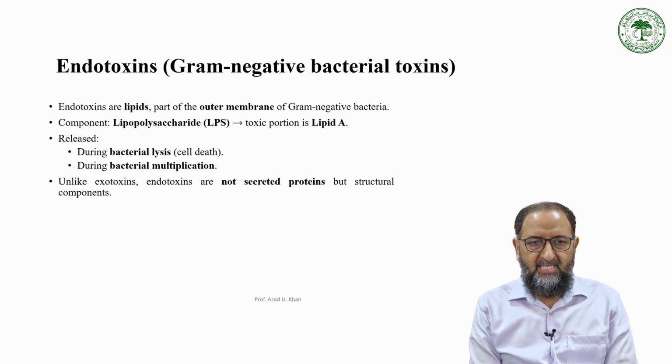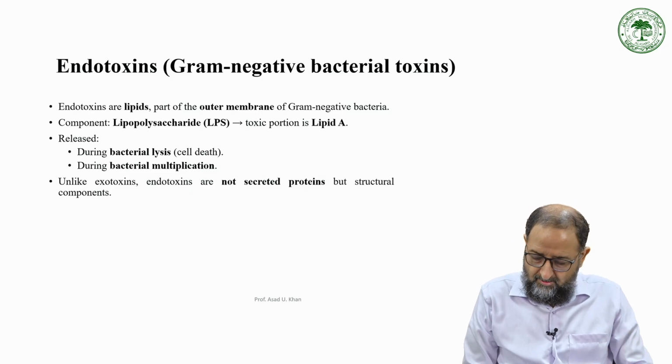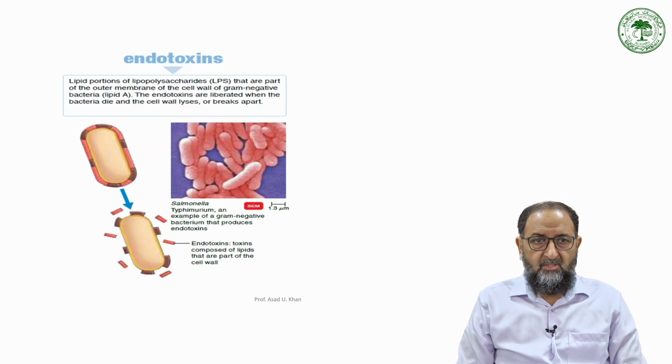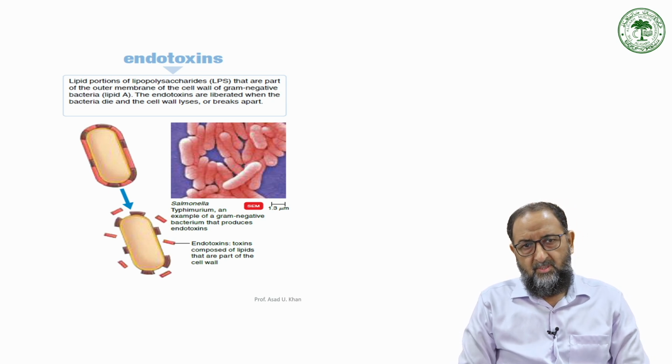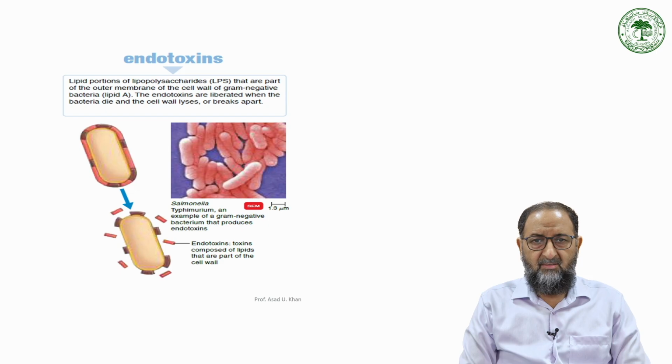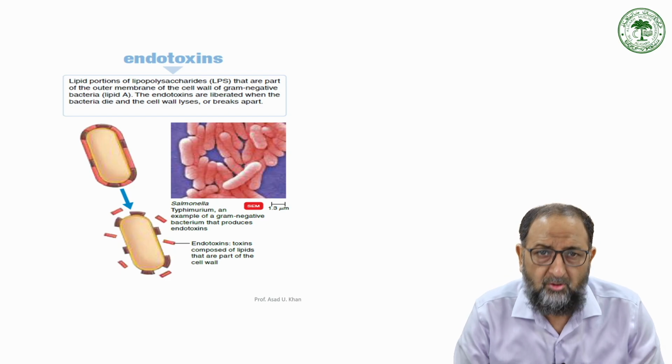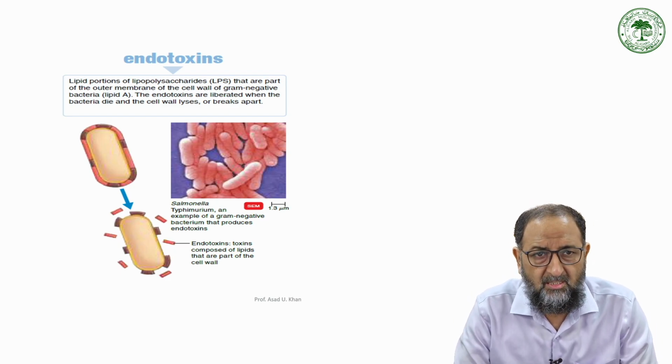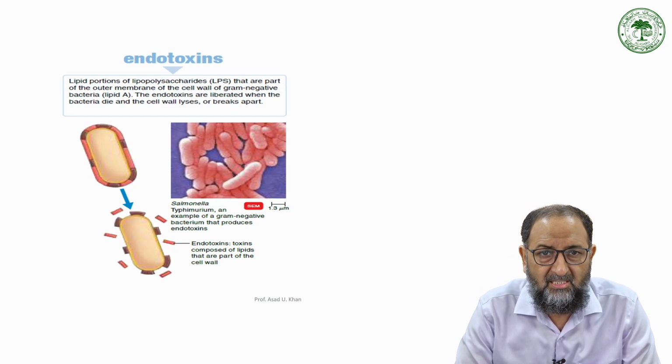Now, during bacterial multiplication, they also release endotoxin, right? And unlike exotoxins, endotoxins are not secreted proteins but a structural component. So this is how the endotoxin works: lipid portions of the lipopolysaccharides that are part of the outer membrane and cell wall of gram-negative bacteria, which we call lipid A. The endotoxins are liberated when the bacteria die and the cell wall lyses.